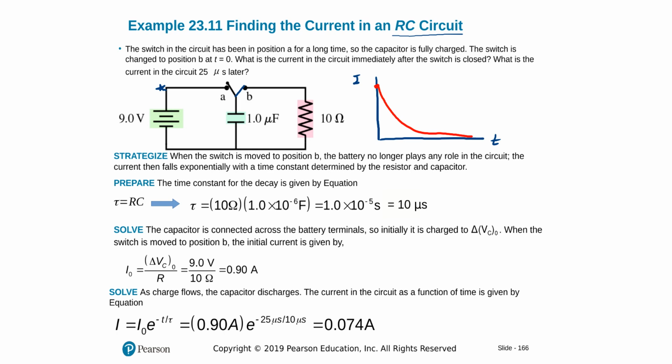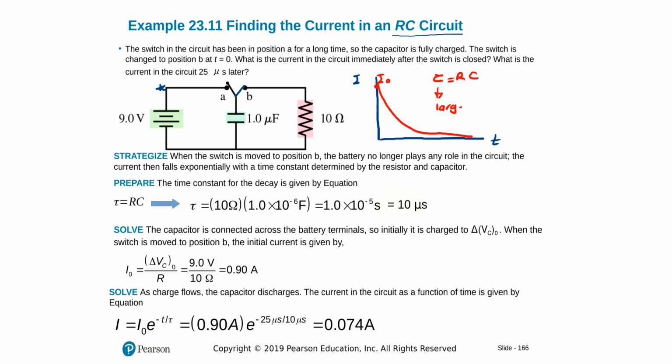We talked about the time constant that is equal to R times C, and that shows me how fast the current drops, and the same goes for potential difference. It starts with a value of delta V0, and drops and gets closer and closer to zero as the time passes.